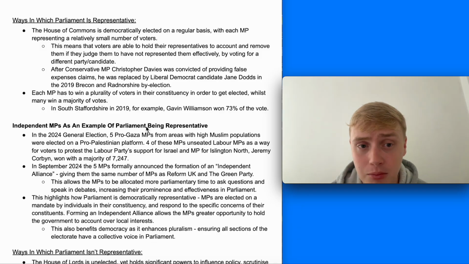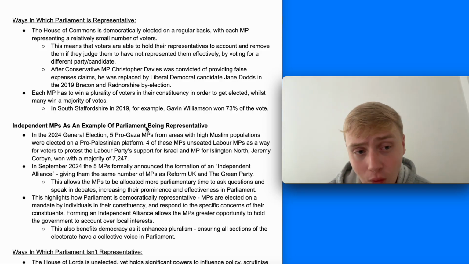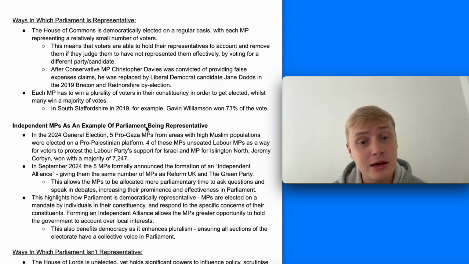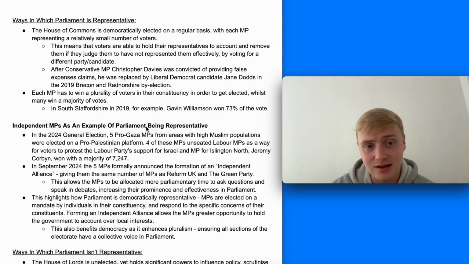A good recent example of that kind of real representation in terms of democracy is that 5 pro-Gaza MPs were elected in the 2024 general election, despite being independents, because they had high Muslim populations in the area, for whom Israel's war in Gaza and the Palestine issue were a really key issue.